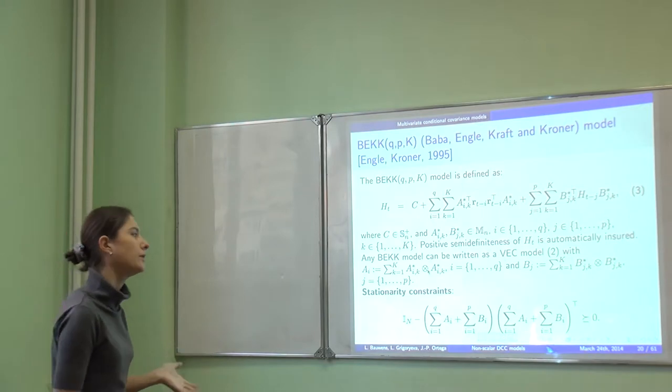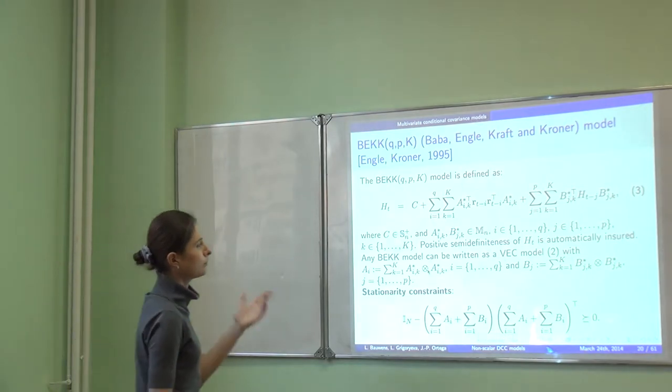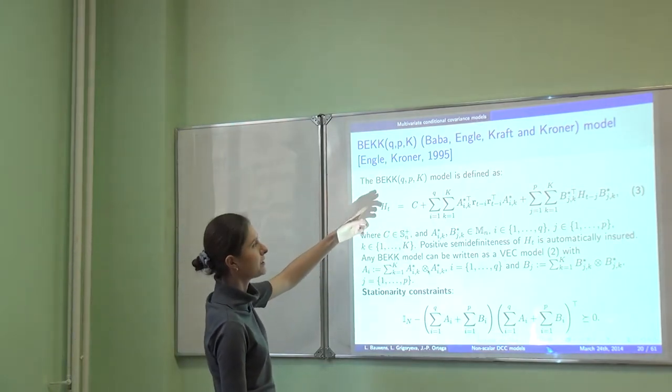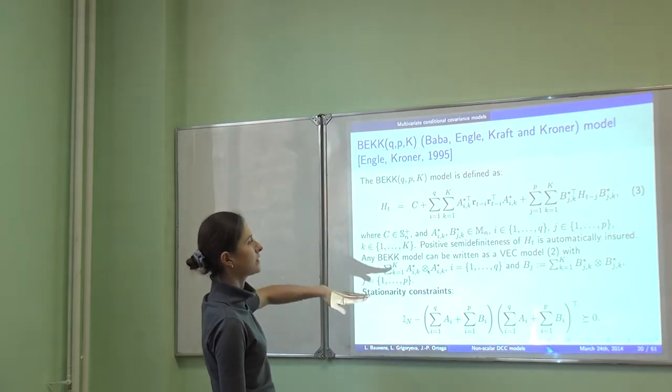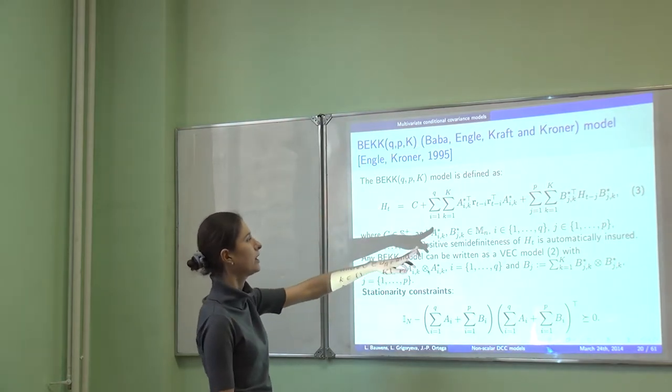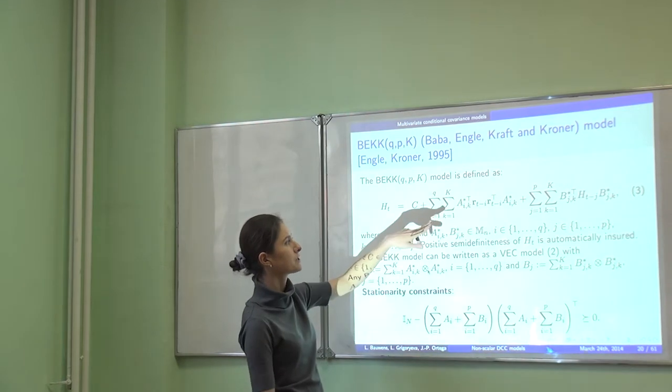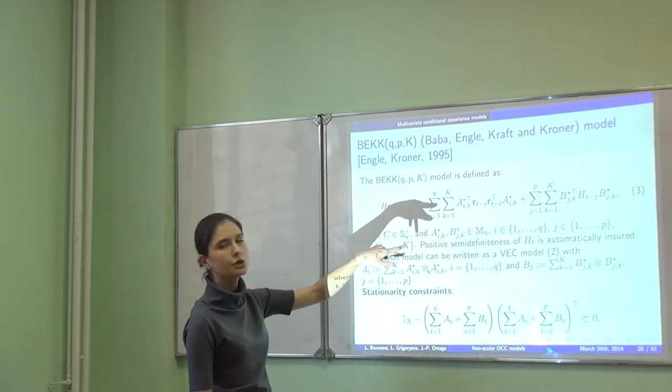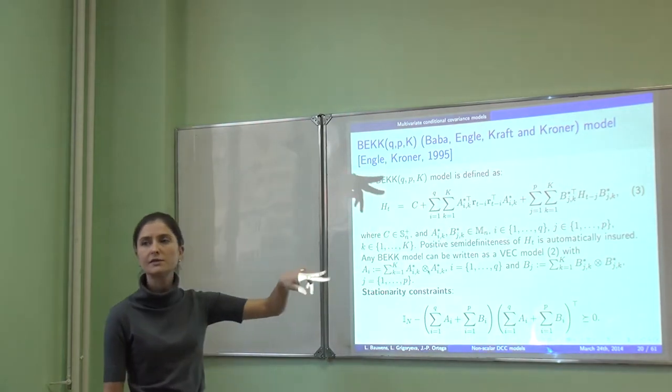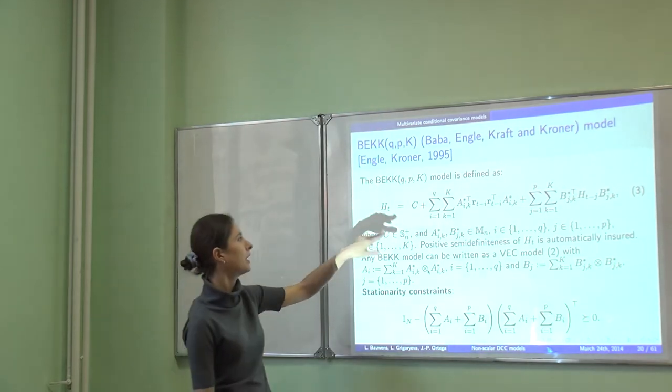So what are other ways to go about it? Well, for example, in the BEKK model, which you may find a lot in the literature, we try to come up with parameters of these models that automatically ensure the positive semi-definiteness of our H_t.